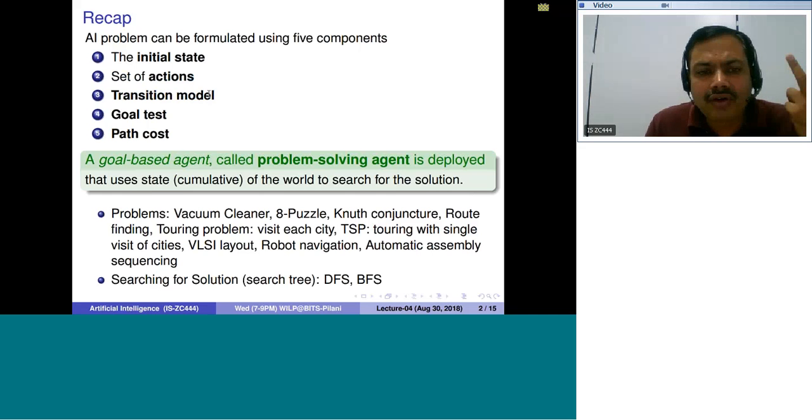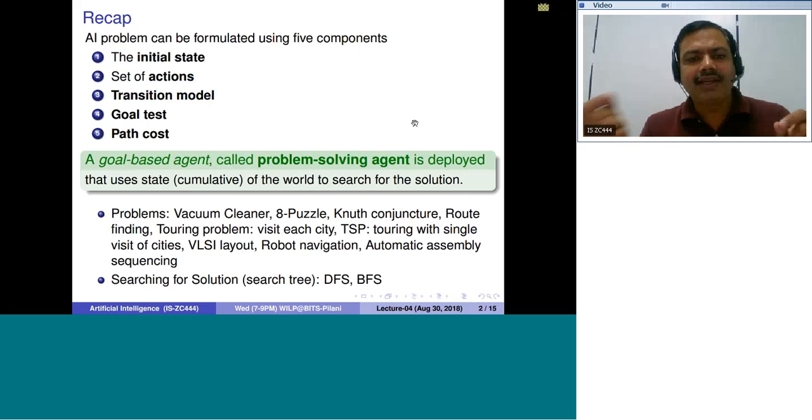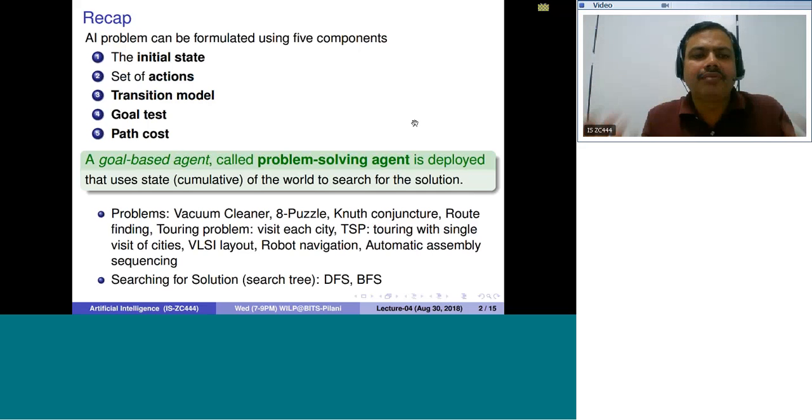So how can you store all these things in the computer? One way is that you write down all the states, and for every state, since on every state you can take some action, you write down what actions can be taken in this state, and then you specify what the next state is going to be. So this is a model where you can create a table to express the transition table.